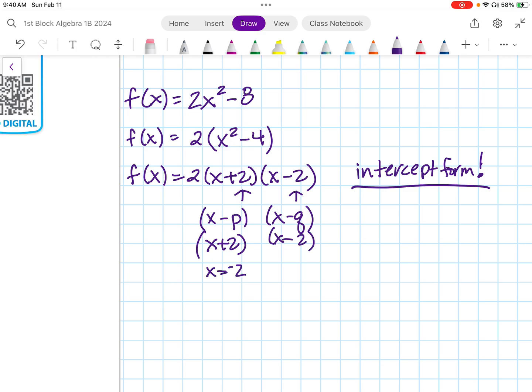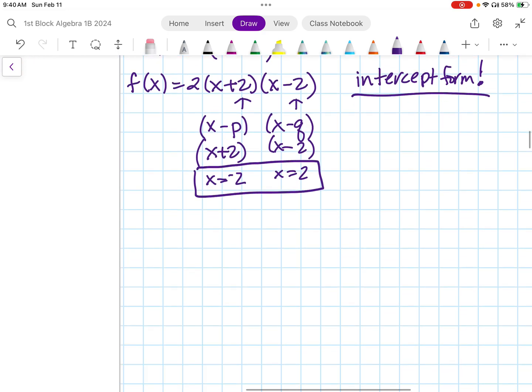And this says x minus 2, so that means x is 2. So our intercepts are 2 and negative 2. Which way does this graph open? Well, a is positive, so this graph is going to open up. So we have our x-intercepts.